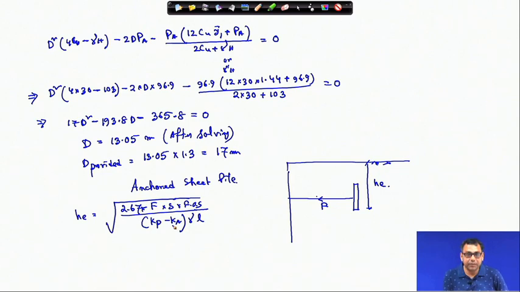Sometimes you may find that people are using 2 instead of 2.67.